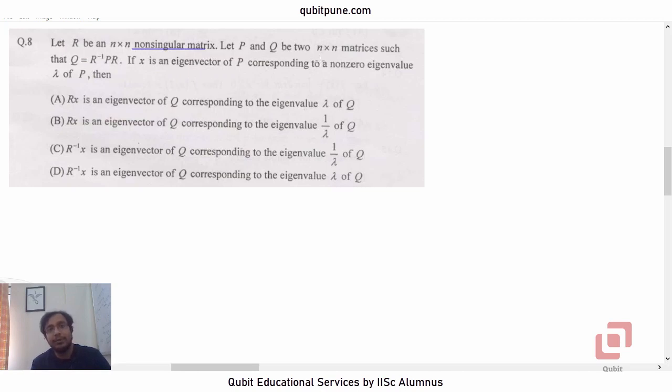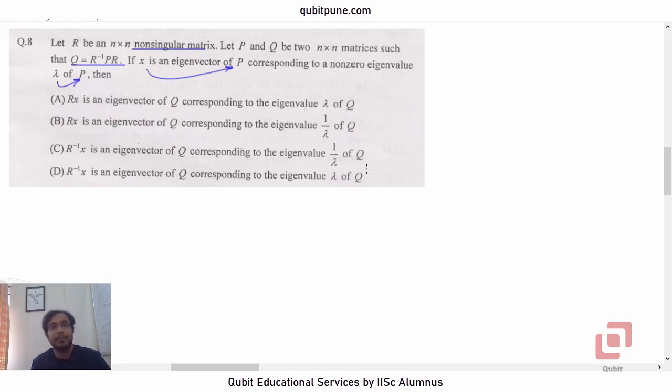Let P and Q be two n by n matrices such that Q is equal to R inverse P R. If X is an eigenvector of P corresponding to a non-zero eigenvalue lambda of P, then: Rx is an eigenvector of Q corresponding to the eigenvalue lambda of Q; Rx is an eigenvector of Q corresponding to eigenvalue 1 over lambda; R inverse X is an eigenvector corresponding to eigenvalue 1 over lambda; or R inverse X is an eigenvector of Q corresponding to the eigenvalue lambda of Q.